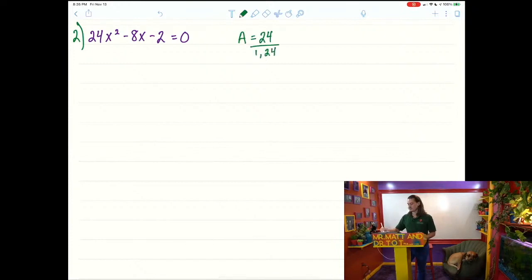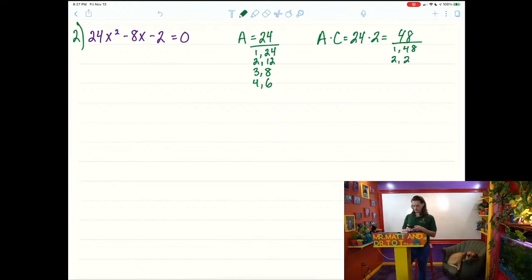Now a times c is going to be equal to 24 times 2, which is 48. So the factors of 48 are 1 and 48, 2 and 24, 3 and 16, 4 and 12, 6 and 8.